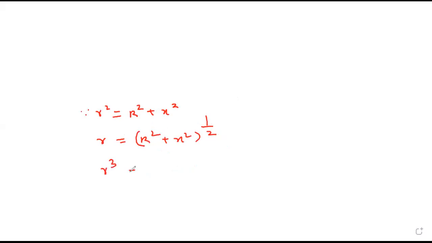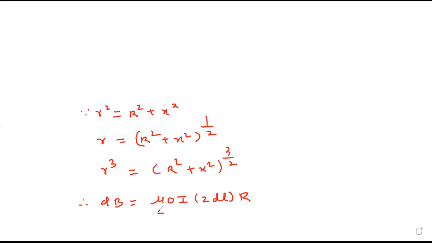When I take the cube, it becomes R square plus x square raised to 3 by 2. That means now I can say dB is mu naught I into 2 dl into R upon 4 pi, into R square plus x square raised to 3 by 2. Okay?